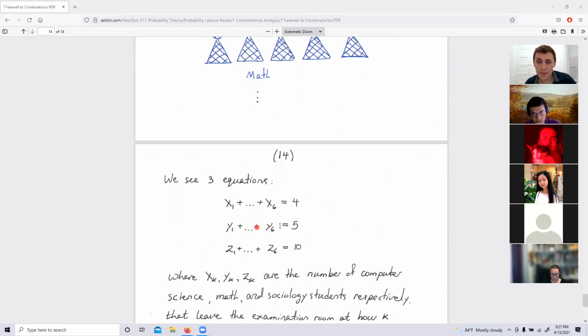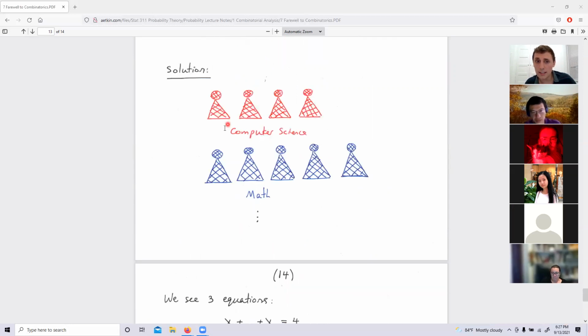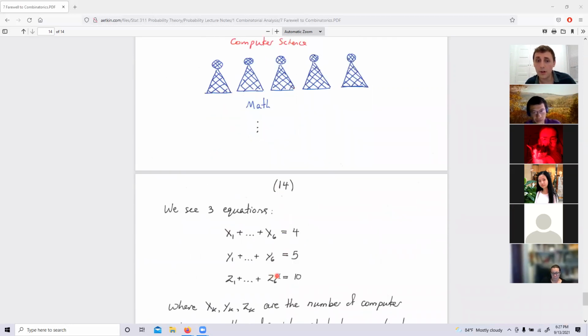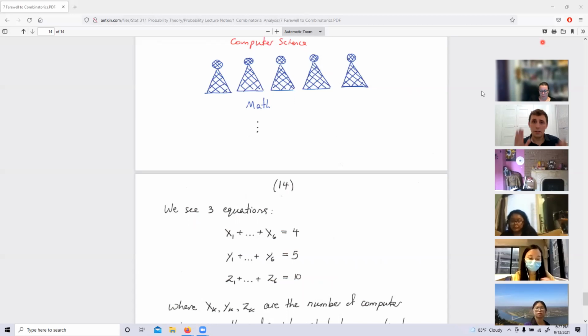So we have the same thing for the second category, math, and for the sociology people. Clear, guys? You see what's happening now. Each of them we can calculate as a separate experiment. It's basically solving the same type of question, but 3 times, and then multiplying the results.